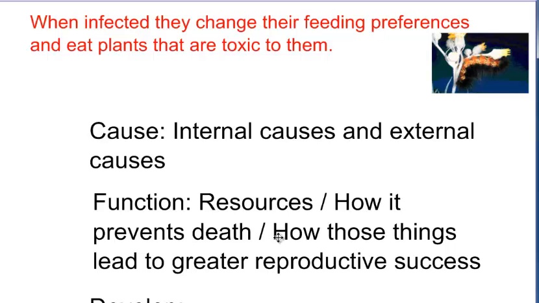In the long term, this is going to allow the caterpillar to reach maturity, become a moth or a butterfly, and then go on and actually reproduce themselves. So the function of eating toxic plants is to survive. Survival will lead to greater reproduction. You need to talk about reproductive success as well as the resource it gets or how it prevents death.